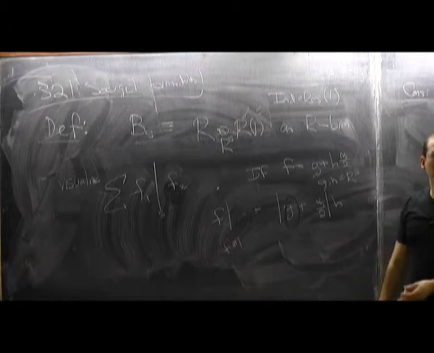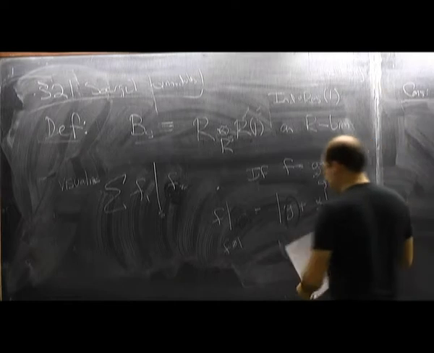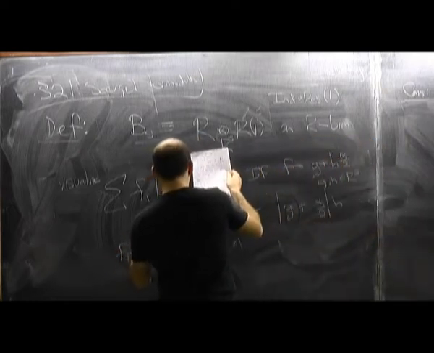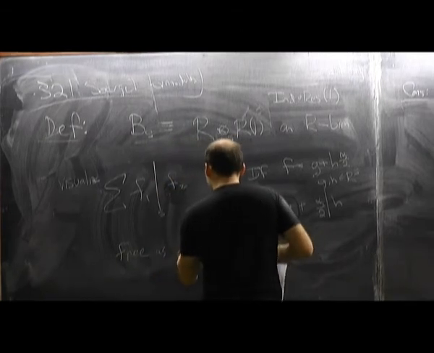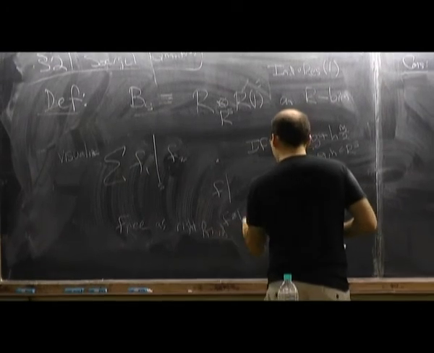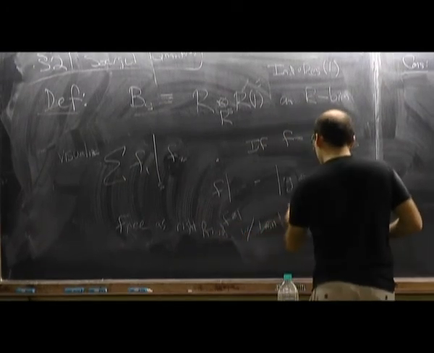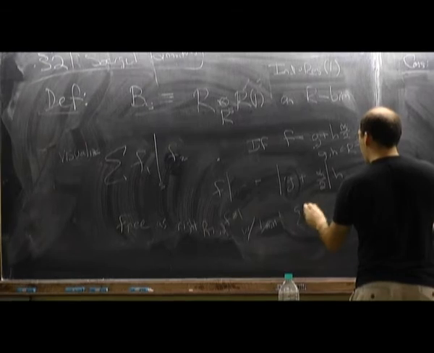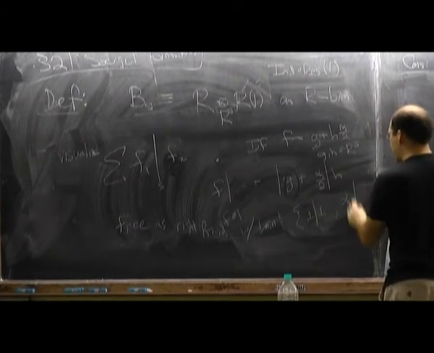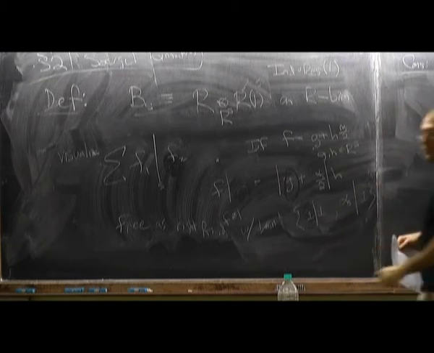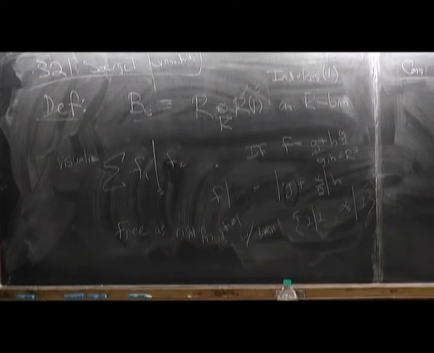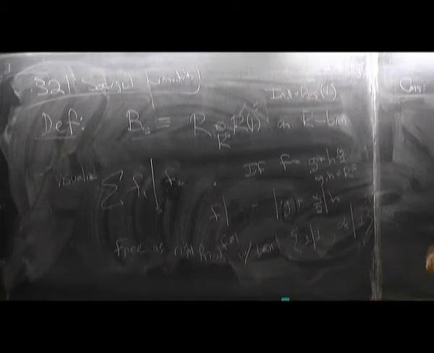It's actually free as a right R module with basis 1 tensor 1 and alpha S tensor 1. It's also free as a left module. But it's not free as a bimodule, of course.